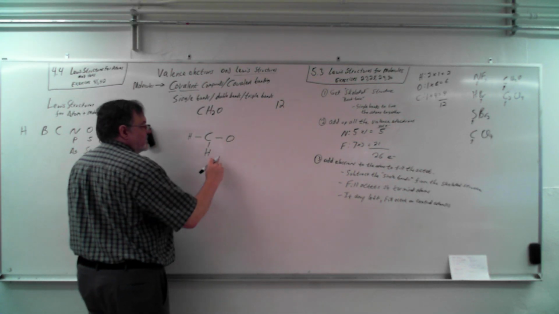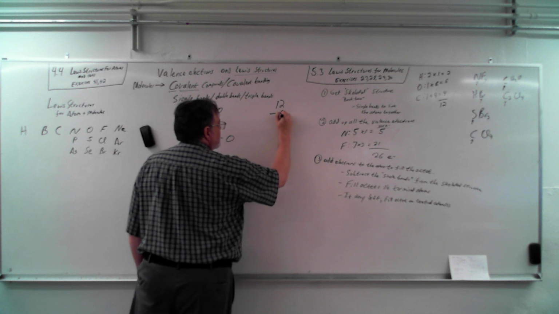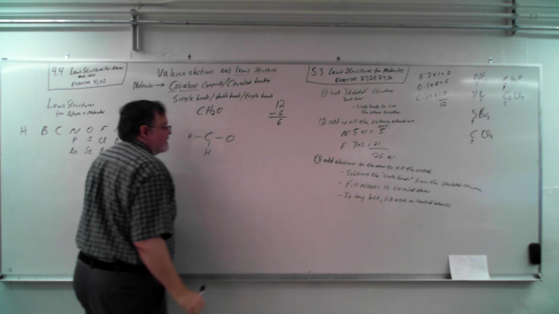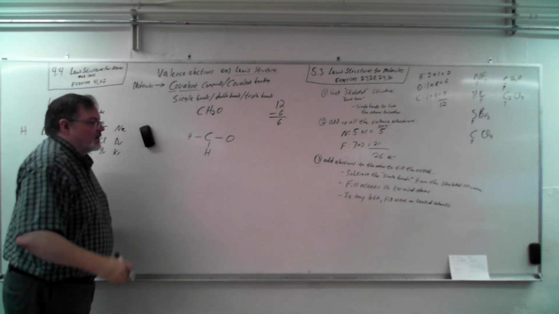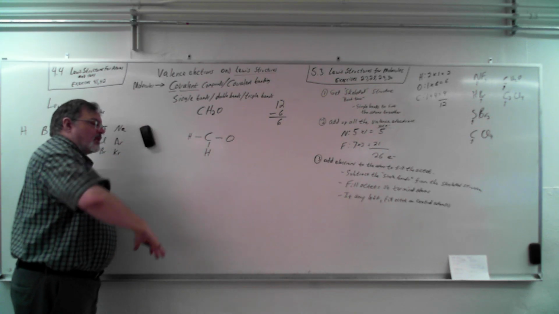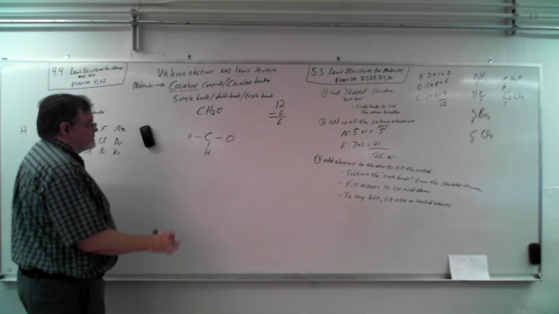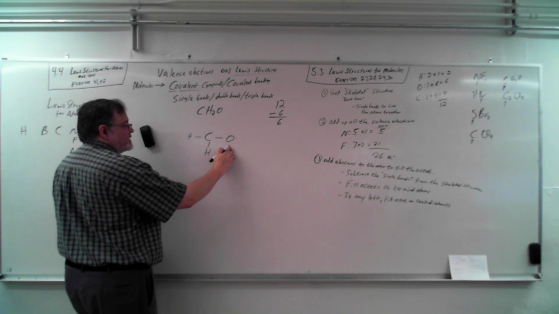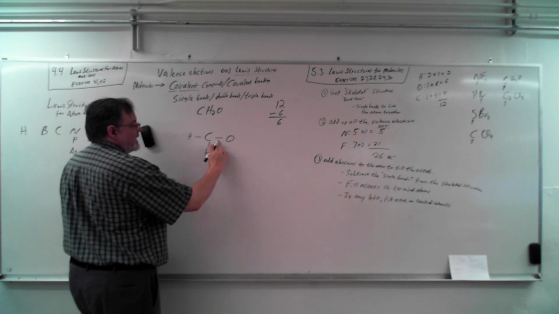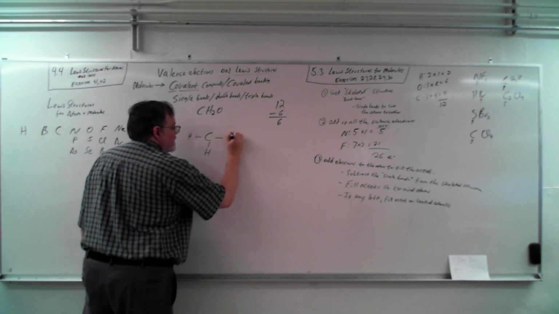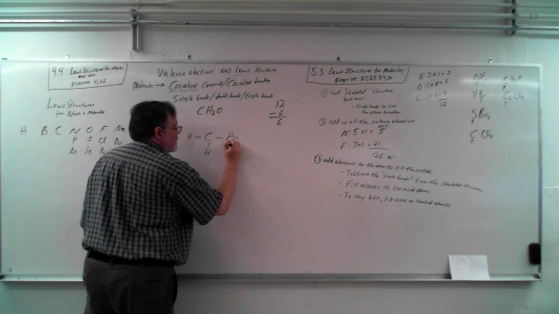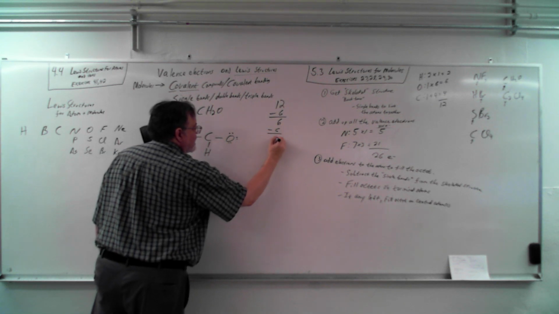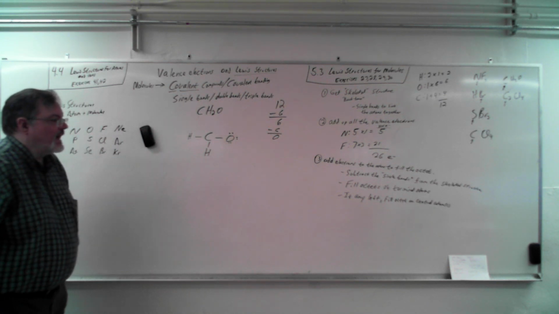I have already used 2, 4, 6, so really I only have 6 left. Of the terminal atoms that do get an octet, it's just oxygen. So I'm going to add electrons to the oxygen to give it a full octet. It's got these 2 already. So 2, 4, 6. There, I'm done with that.